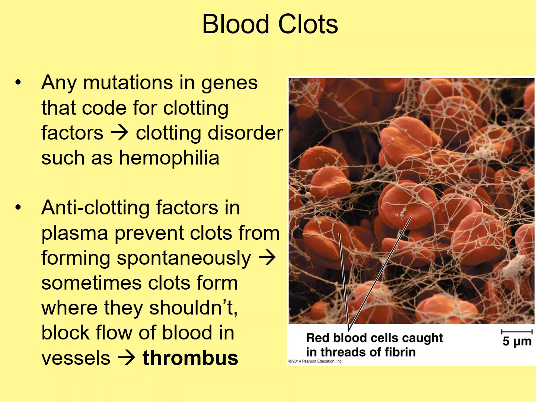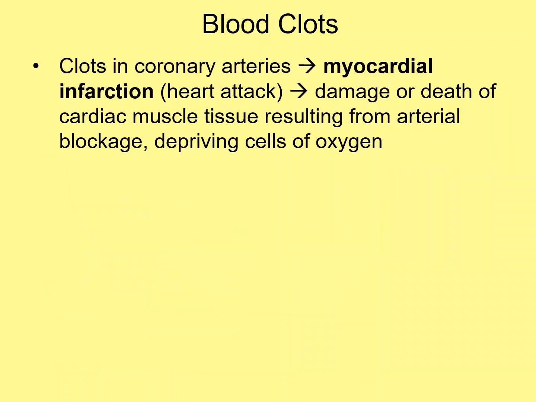Basically, it's forming but not in response to injury, because forming in response to injury would be appropriate. This is inappropriate blood clot formation. So obviously blocking blood flow anywhere is going to cause damage. This is obviously not a good thing to have happen.